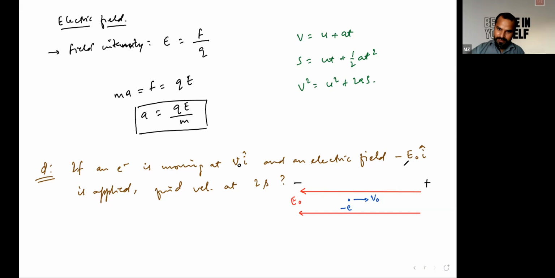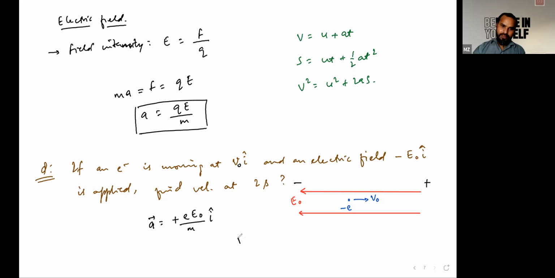Since the electric field is along negative side, if you multiply by the charge of the electron, negative and negative becomes positive. So the acceleration becomes minus minus plus e E naught over m along x-axis.